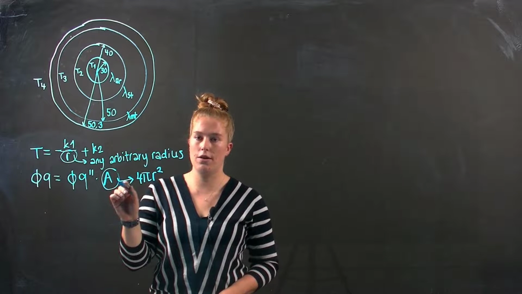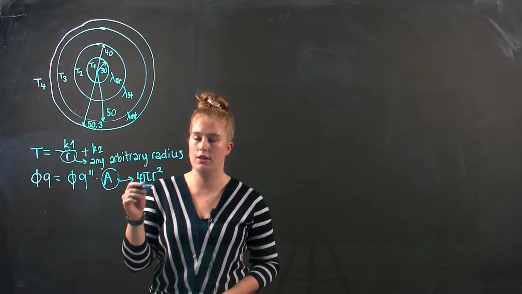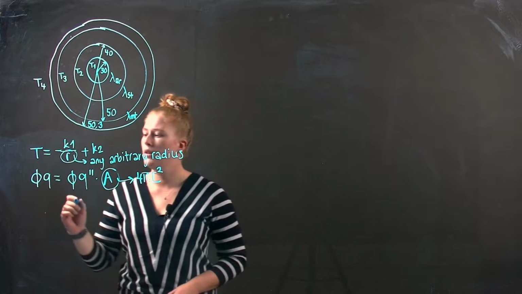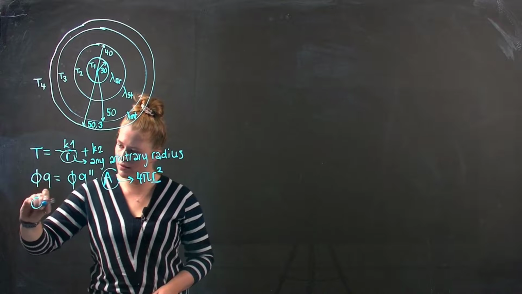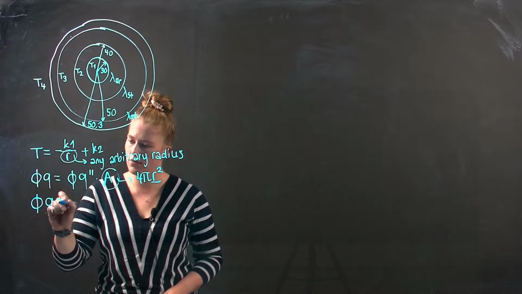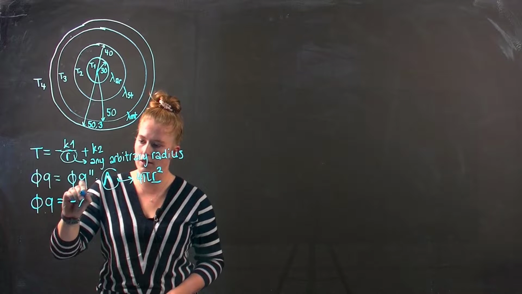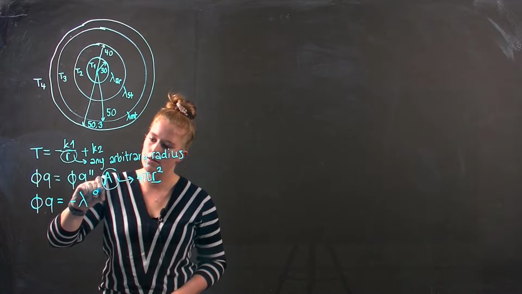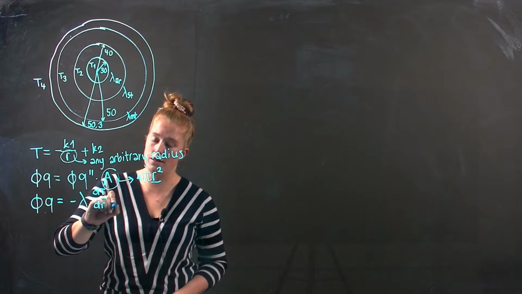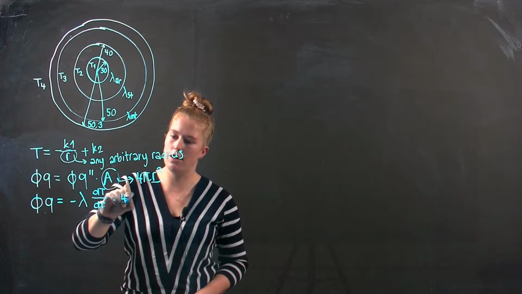Please note that this area is not a constant for a spherical object. It depends on this radius r. If we now fill in the general formula for our heat flow, we can write this as minus the heat conductivity times the gradient of the temperature over the radius r times our area.